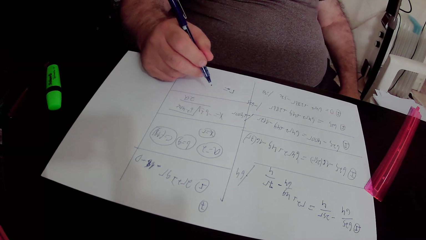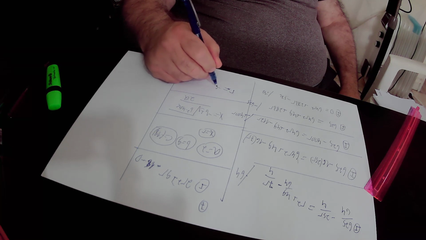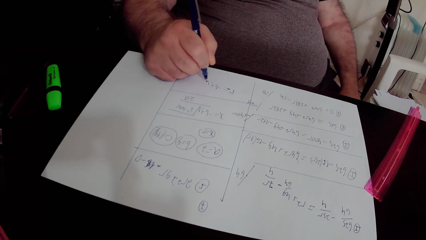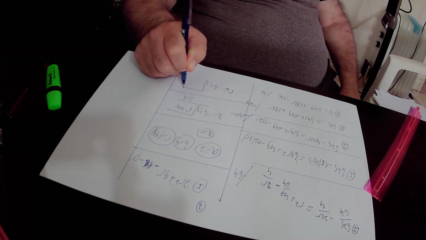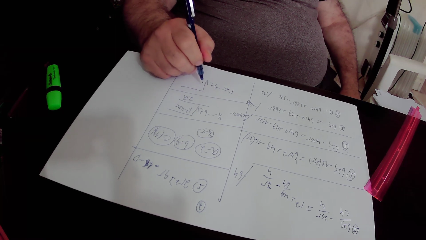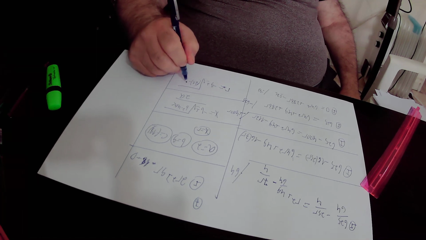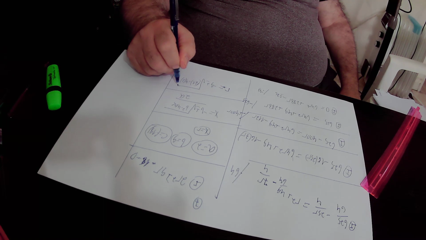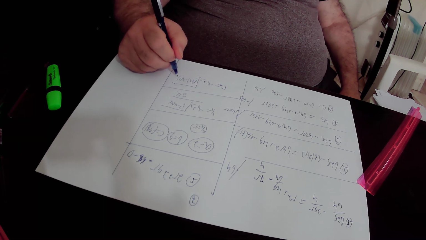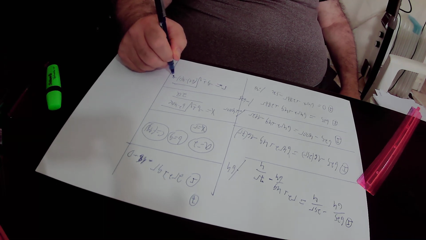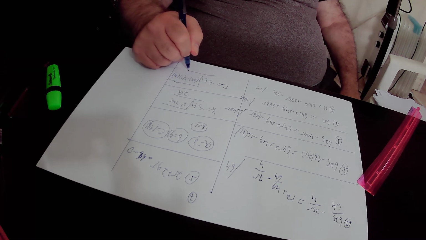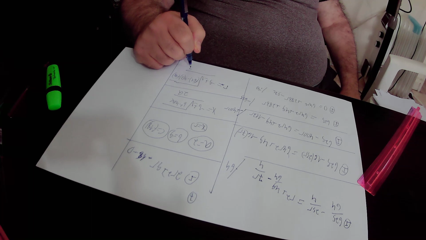minus B, B equals 9, so minus B is minus 9, plus minus square root of B squared. B equals 9, so B squared is 9 squared, that is 81, minus 4 times A, which is 2, times C, which is minus 18, all divided by 2A, A is 2, so 2A is 2 times 2, that is 4.